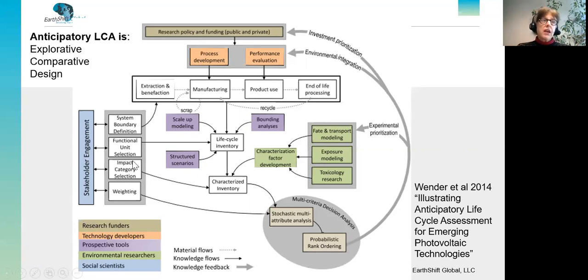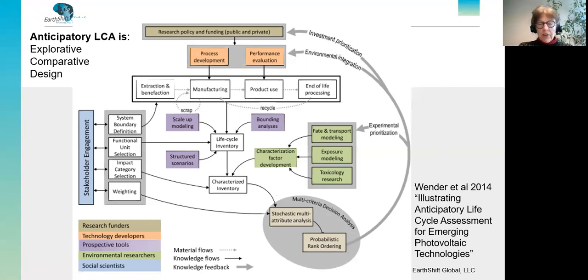They can also help with functional unit selection, and we'll look at a little bit of that today. And then the multi-criteria decision analysis. I actually don't have anything on that for you today, but we'll be looking at that in a future brown bag webinar.